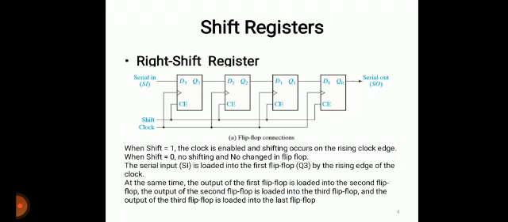Here we have the serial in, the shift and the clock signal. Based on the shift and the clock signal, whatever data is input at the serial input, that is D3, will be shifted to D2. Next it will be shifted to D1, next to D0, and it will be taken away from the serial out.